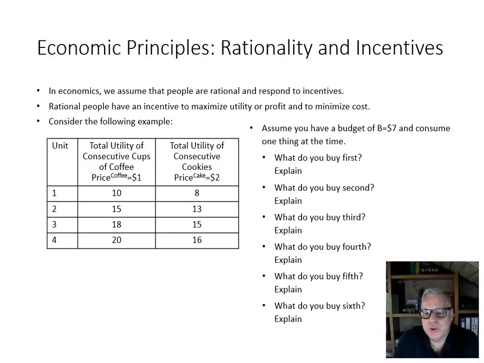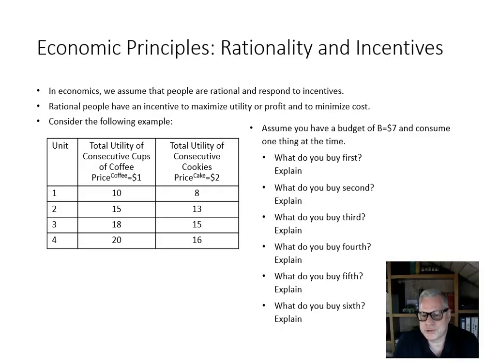Okay, let's continue with economic principles and talk next about rationality and incentives. So, in economics, we assume that people are rational and respond to incentives. And of course, that assumption allows us to use mathematical tools like optimization and minimization in order to make predictions about economic behavior.